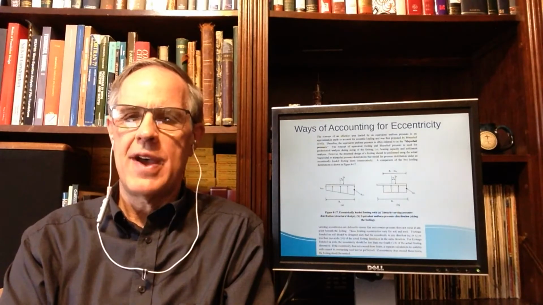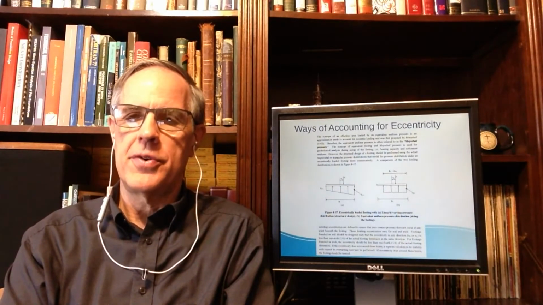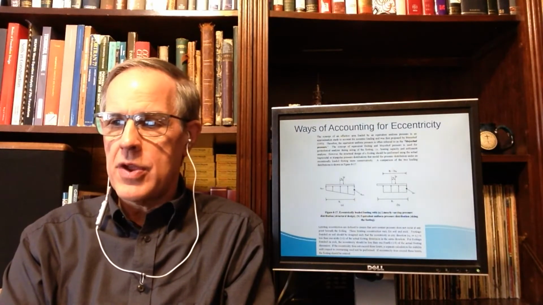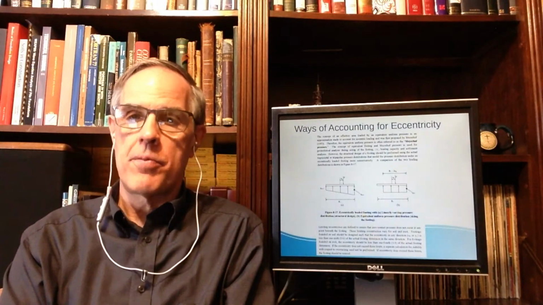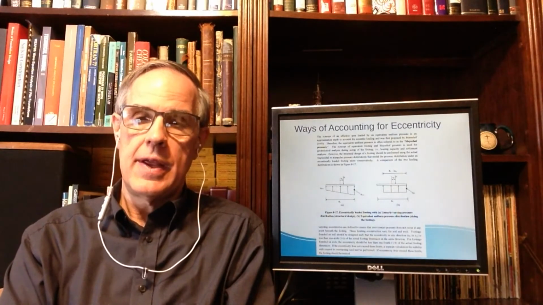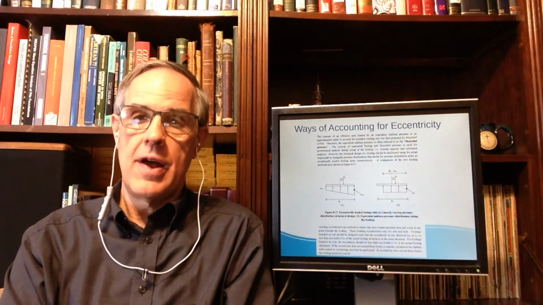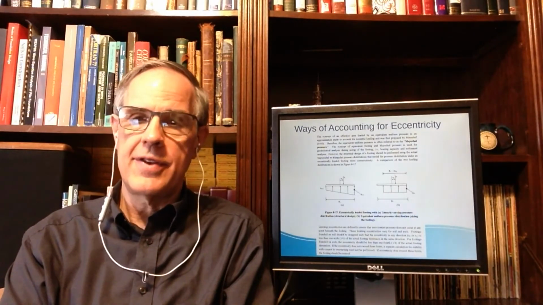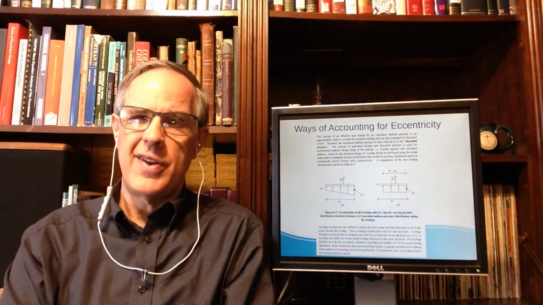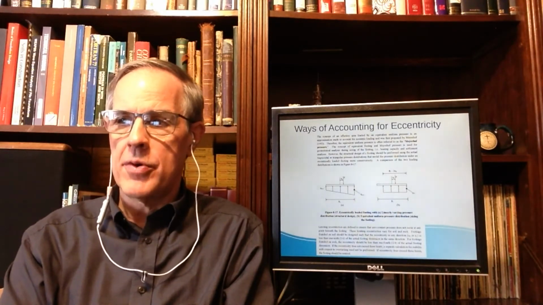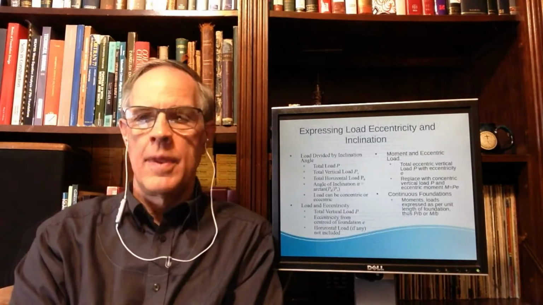That's not entirely true. It's partially true. But the other thing we use is equivalent uniform pressure distributions, or reduced foundations. And we use that for geotech a lot. This is a concept that students wrestle with for some reason, and I'm not really sure why, but we're going to do the best we can.